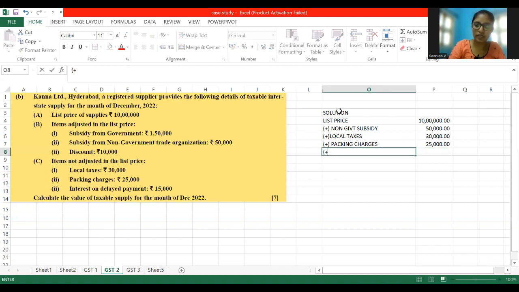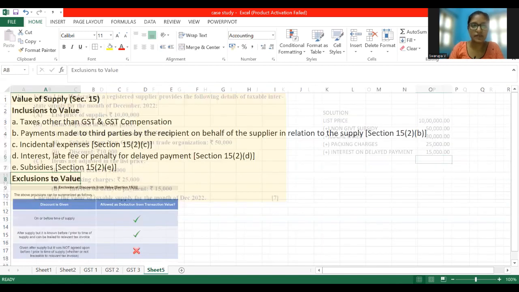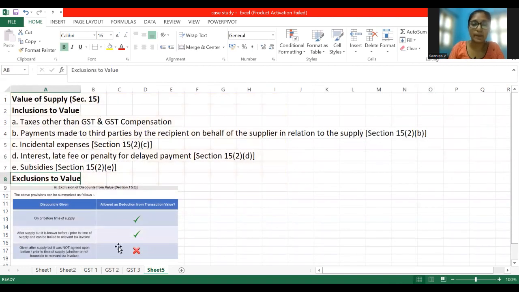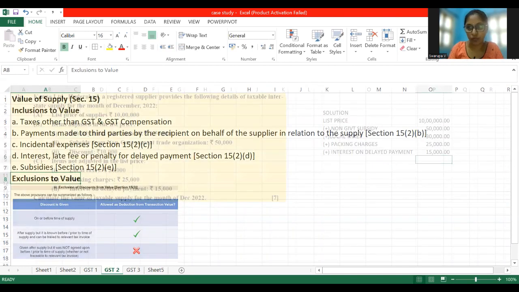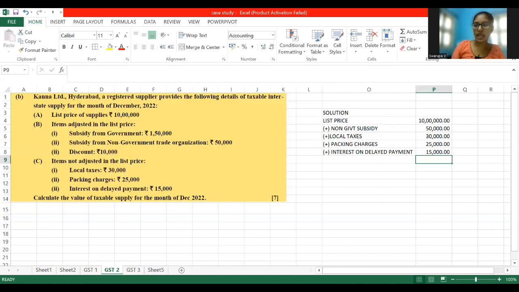Interest to be included in the value of taxable supply. Interest on delayed payment. Not all interest, we have to see interest, late fee and penalty for delayed payment. Only that interest has to be added.